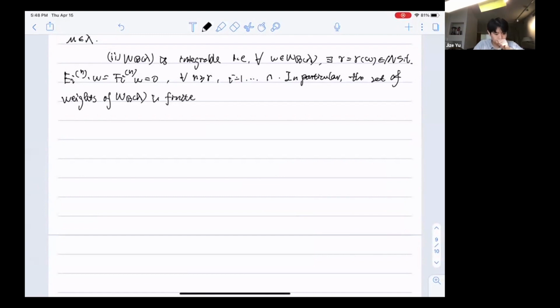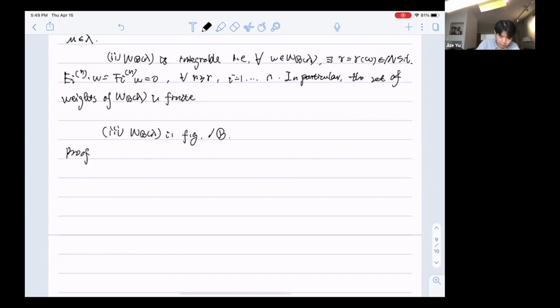And finally, this W_B(lambda) is finitely generated over B.